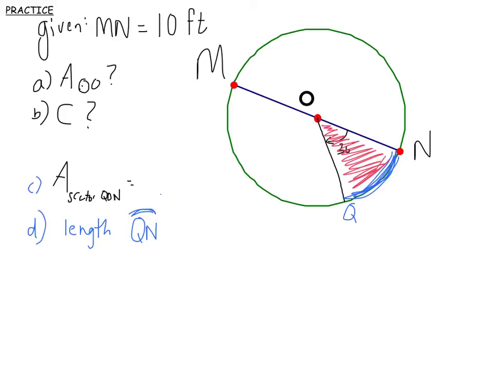Again, you're going to use your part A and part B to help you on part C and part D, using area for the portion where I asked for area, and using circumference for the portion where I asked for the length of the arc QN. The only important detail here is that this arc is 36 degrees because this angle is 36 degrees. So now you have to figure out what fraction of the area and circumference you're going to use. All right, good luck.